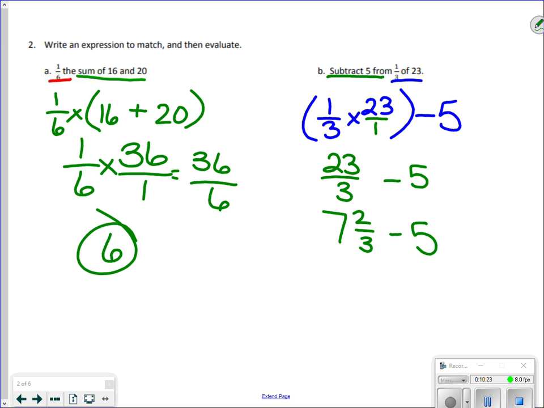So if you got this far, good for you. Now, this is one little part. I wanted to see what y'all would do if you got right here. Now, if you did 4 3/3, you ran into a problem because you've got 2 and you can't subtract 3.